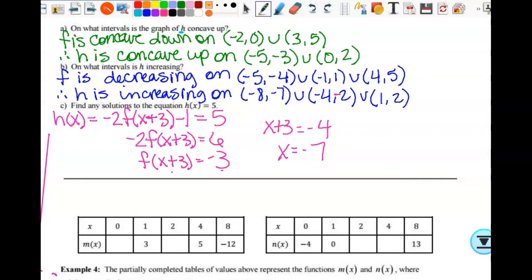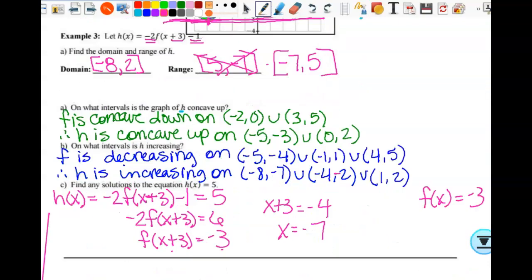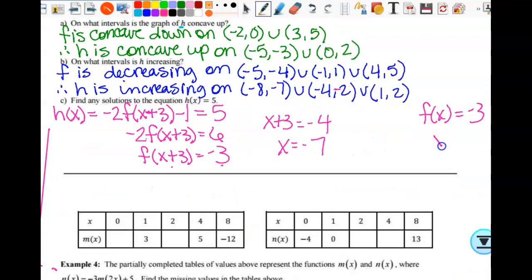Yes. So if I said f of x equals negative 3, which is not what I said, but if I said that, right, then that would mean that the y value is negative 3, the x value that goes with it is negative 4. You with me on that? So then I could say that if f of x equals negative 3, then x equals negative 4. You with me from the graph?